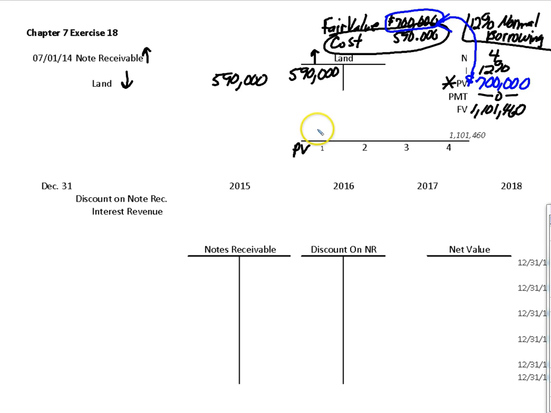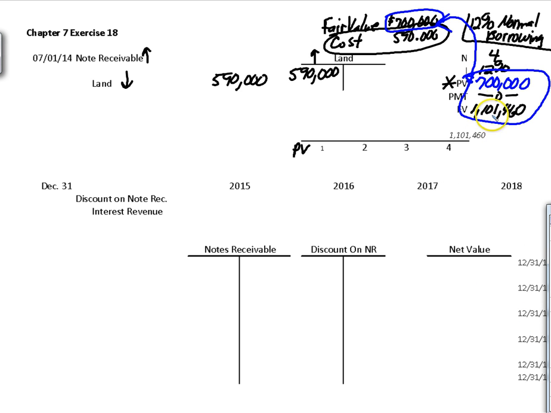It's an equal exchange, isn't it? We received something worth $700,000, and we gave up something worth $700,000 at that point in time. Now, we didn't really have the land reported at $700,000, but that's what it's worth at the time of the transaction. Okay, so our note is really worth $700,000.